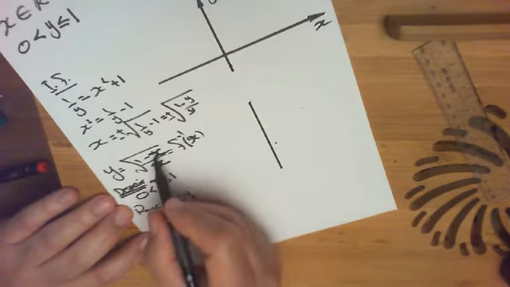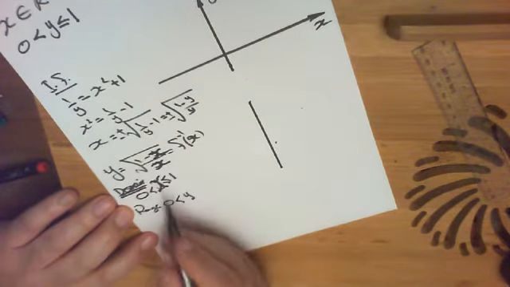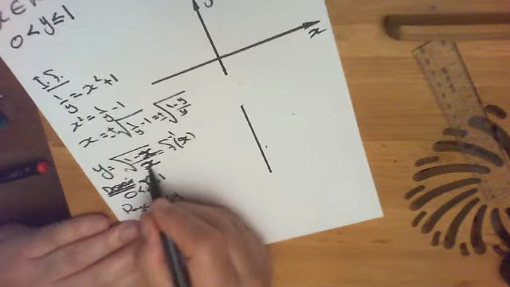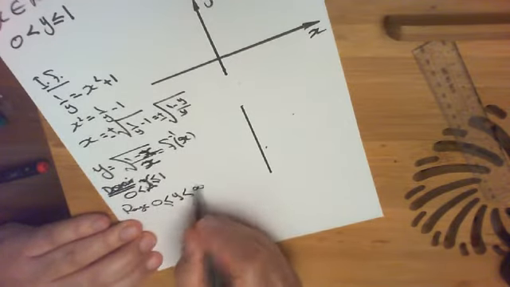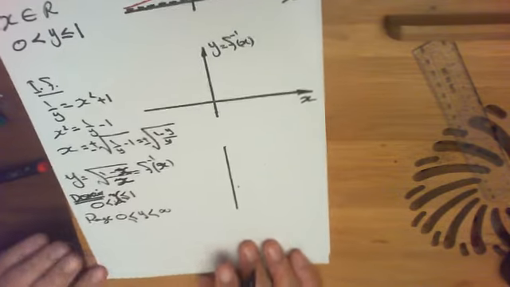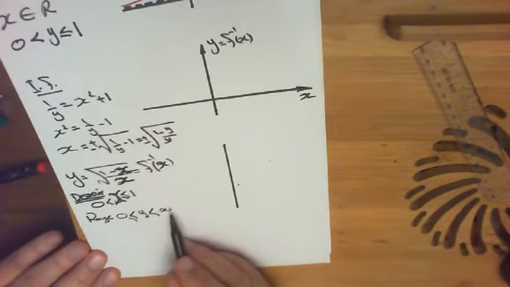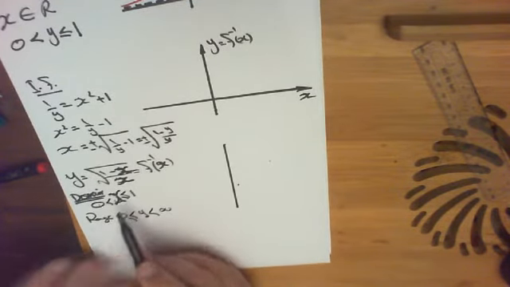Why equal? Because we can set x equal to 1, as you see. And when x approaches 0, y approaches infinity, less than infinity. Okay, so y is bounded between 0 and infinity, and x is bounded between 0 and 1.